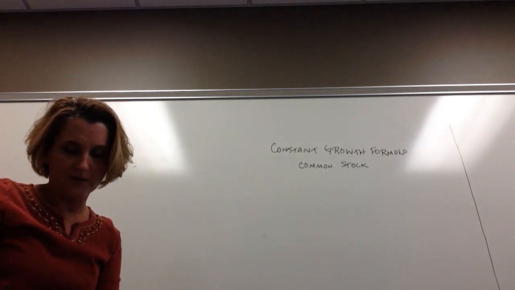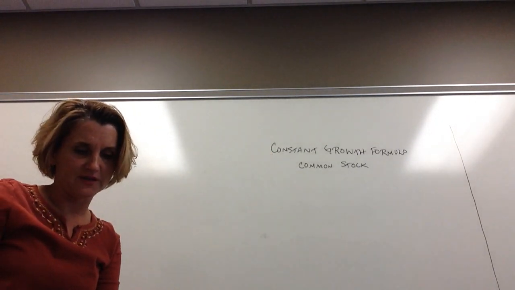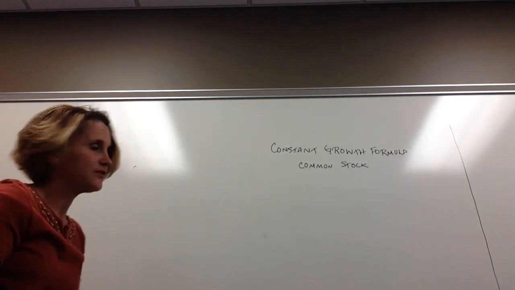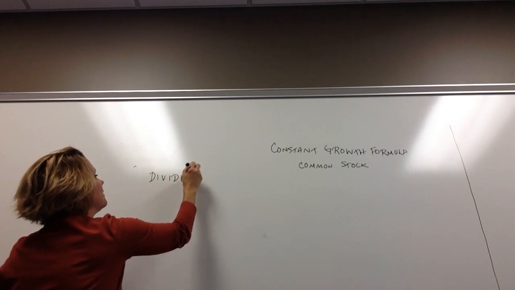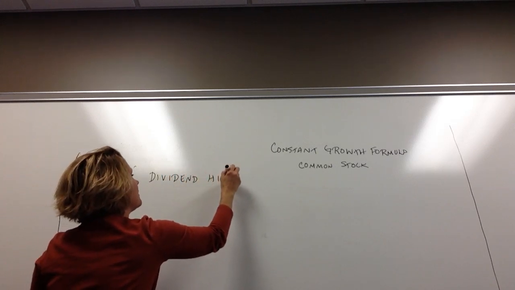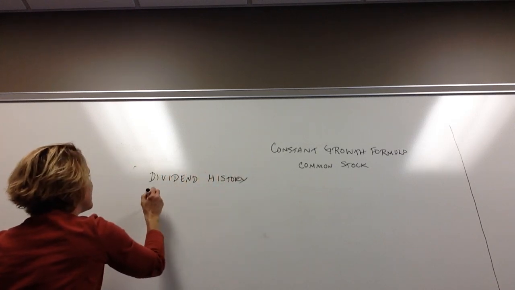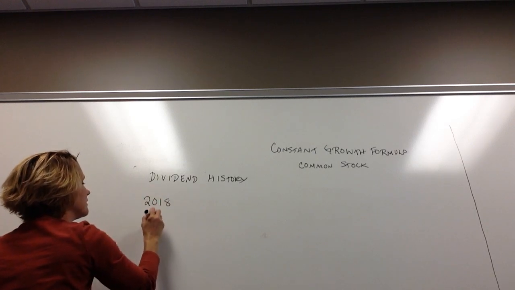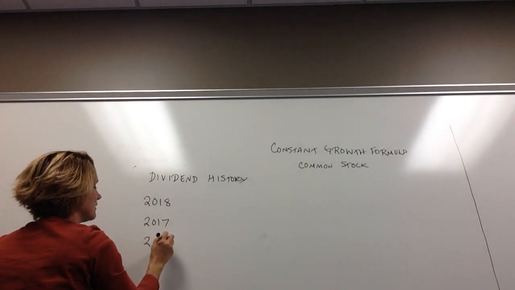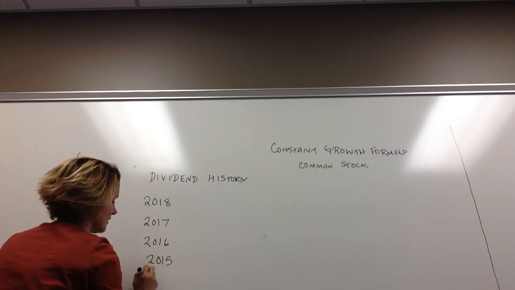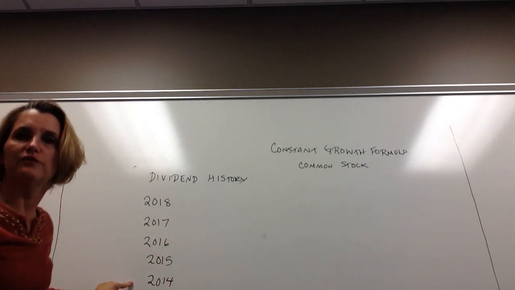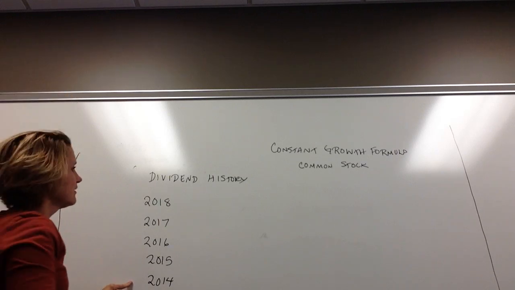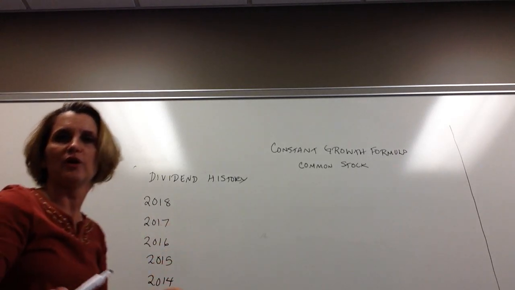Normally how you do that is if you have a dividend history, so let's say we've got from 2014 to 2018 dividend history, and this will just be a whole separate one.